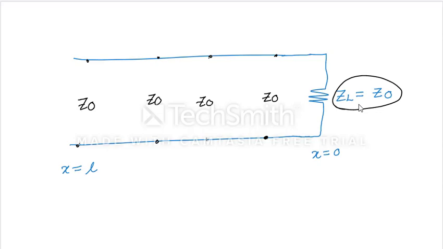At any x value, 2 meters, 10 meters, 100 meters, at any location, here this is Z naught, here also Z naught, this point also Z naught. At every point, how much? Z naught only. That's the beauty in these cases. Got it?